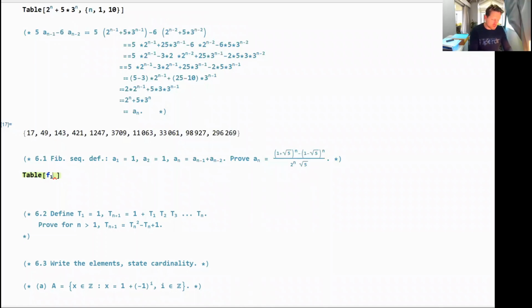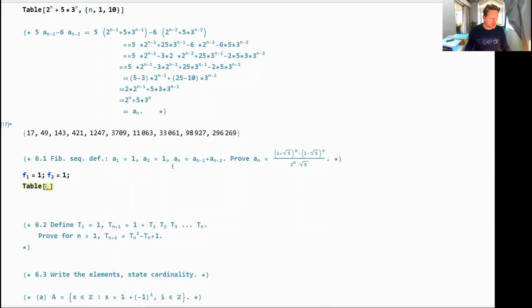So F1 equals 1, then F2 is equal to 1. All right, and I really want these outside the recursion. Okay, and then I'll just take this part of it and I'll be making a list of these. But as I said, I'm going to use F's for this little demonstration.